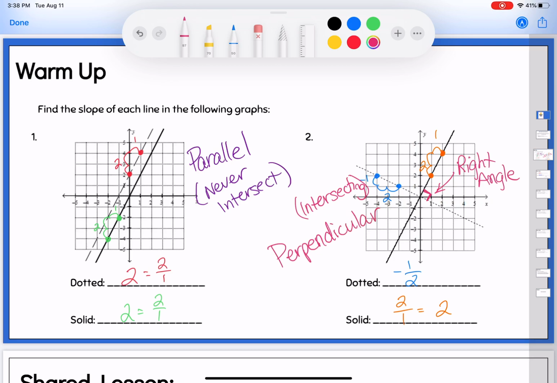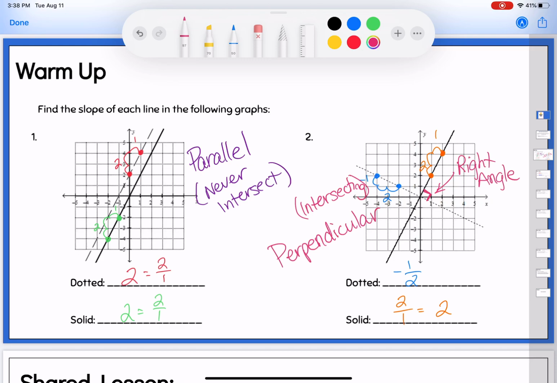All right, so perpendicular lines over here on number 2, check out those slopes. Are those slopes the same? Definitely not, right? Those are angled at 2 different directions for sure. But look, the dotted line is -1 over 2, and the solid line is +2 over 1. So what changed there? Well, it went from negative to positive, right? One's downhill, one's uphill for sure.